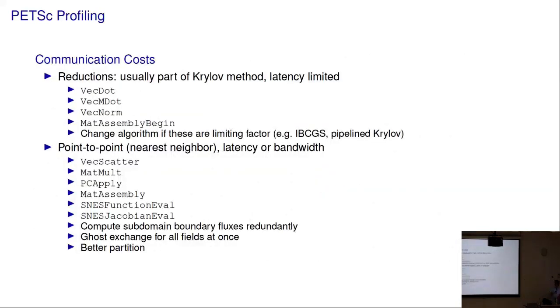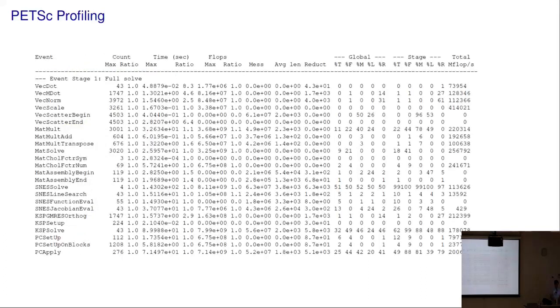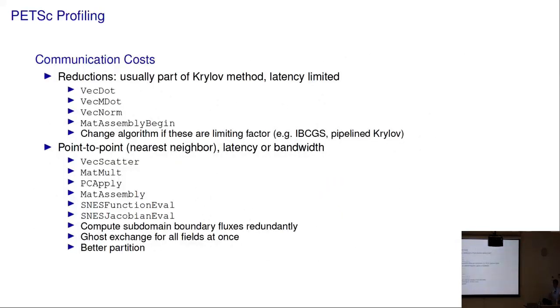I actually really like to look at these last columns over here with the message stuff. This can be really useful, especially for figuring out if you're doing a lot of reductions and the time spent in these things with reductions grows a lot as you try to strong scale. You need to really think about doing something about the latencies. And as you're doing strong scaling on a big, massively parallel system, this is what I've always hit eventually.